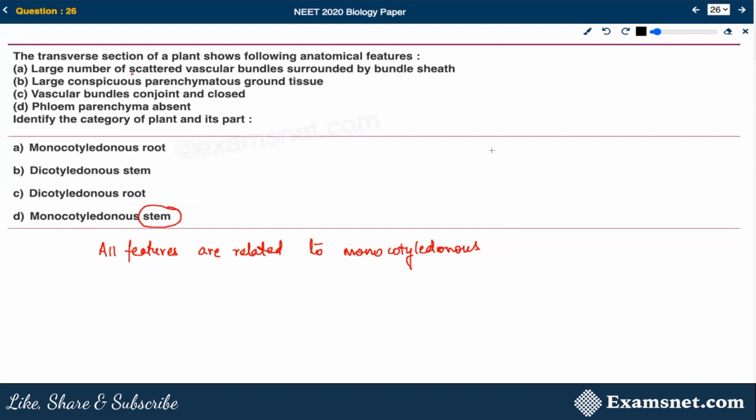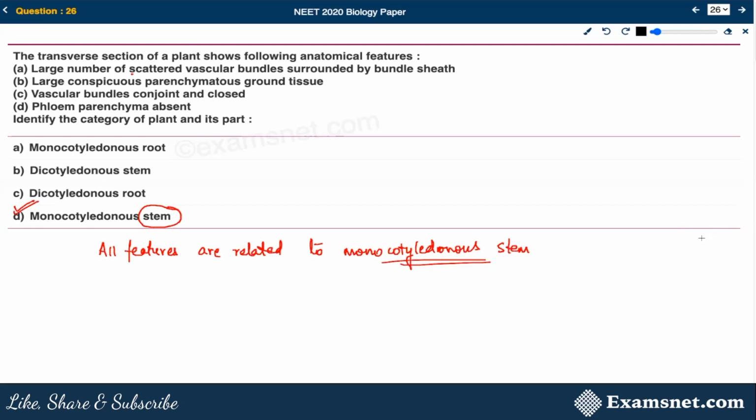So in case of stem, a large number of scattered vascular bundles are found. Then a large conspicuous parenchymatous ground tissue is present. Vascular bundles are conjoined and closed, and phloem parenchyma is also absent. So that's why all these features belong to monocot stem. So our correct option will be monocotyledonous stem.